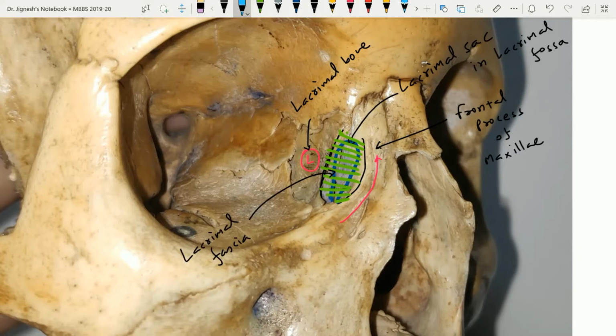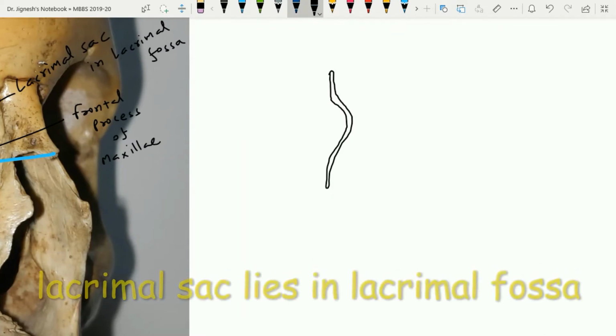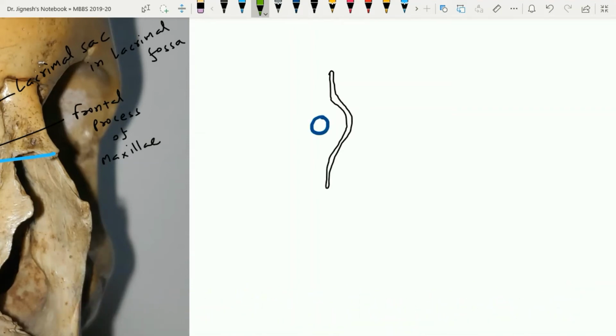When we take a cross section of this lacrimal fossa and try to see the structures from above, we can see the structures like this. So this is the lacrimal bony fossa, and within it, the lacrimal sac is covered from the lateral side by the lacrimal fascia, which is attached to both the margins of the lacrimal fossa.